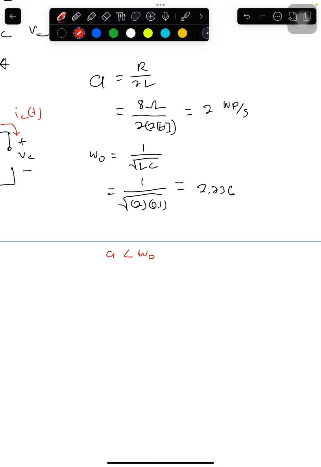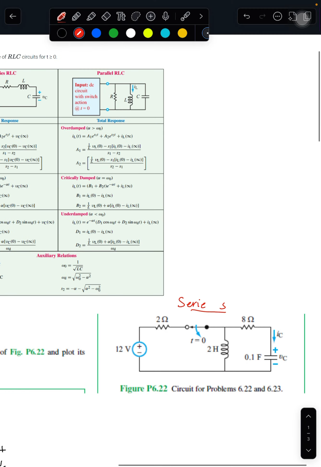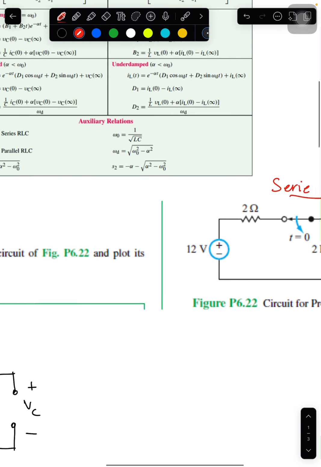So we would use the D1 and D2 equations.